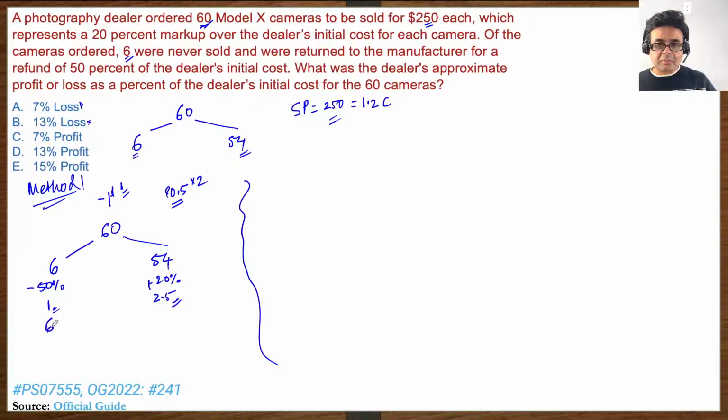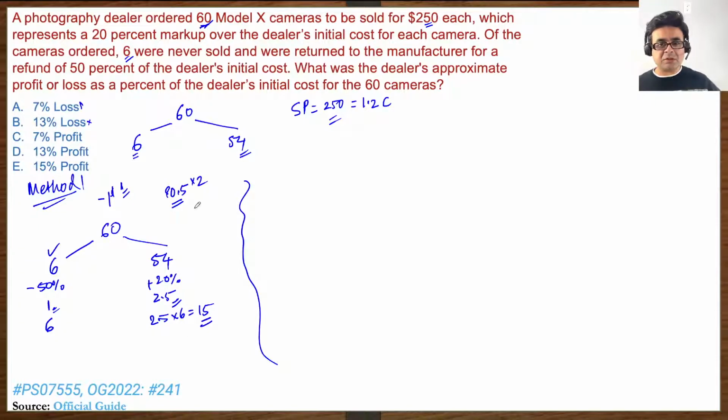For 6 sold, because we are given 6 here, I would have to do 2.5 multiplied by 6, which equals 15, at 20% profit. So I know that at 15 sold, I am at 0 profit or 0 loss. For the rest, it is pure profit.